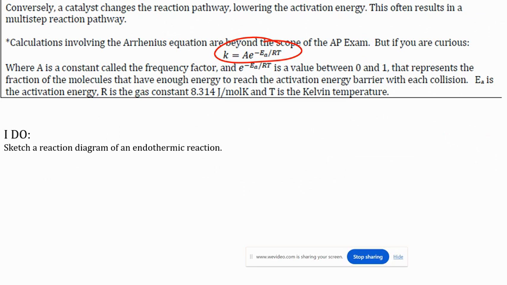This is your constant. This is a temperature. This is your activation energy. This is your rate constant. You guys are comfortable with that. You don't have to use it, but sometimes people like to use it because it makes life easier.